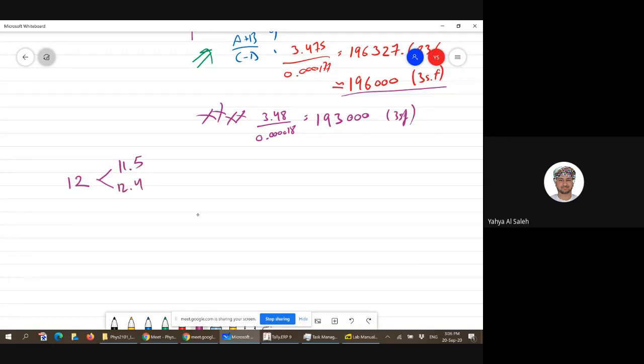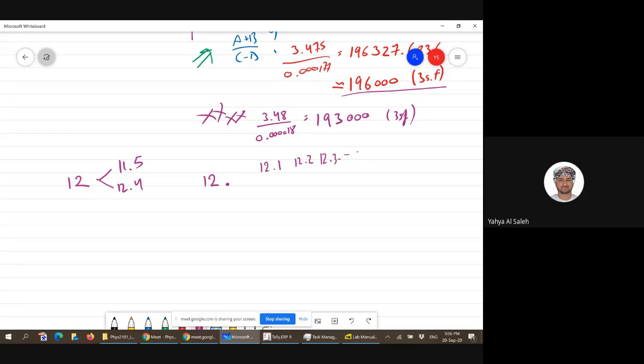But if I write 12 dot, then this is exactly 12.0. Because what this dot tells me is that I am precise enough to be able to write 12.1, 12.2, 12 point blah.